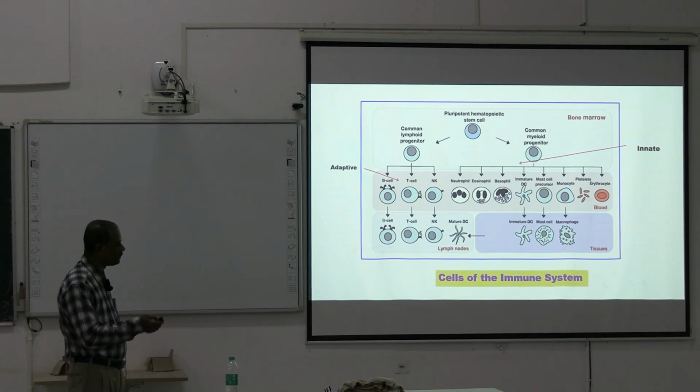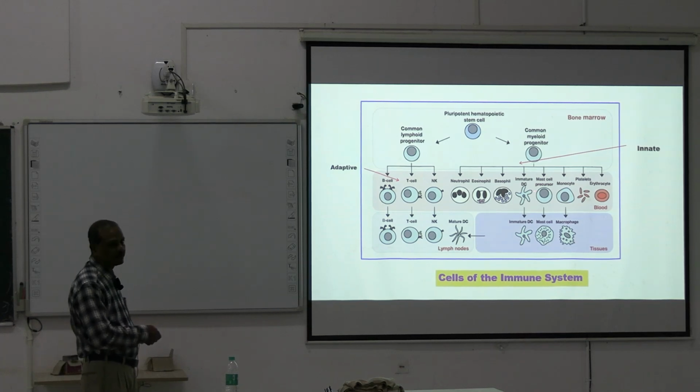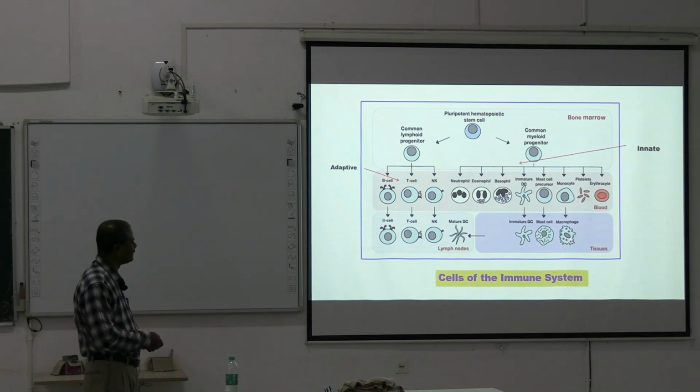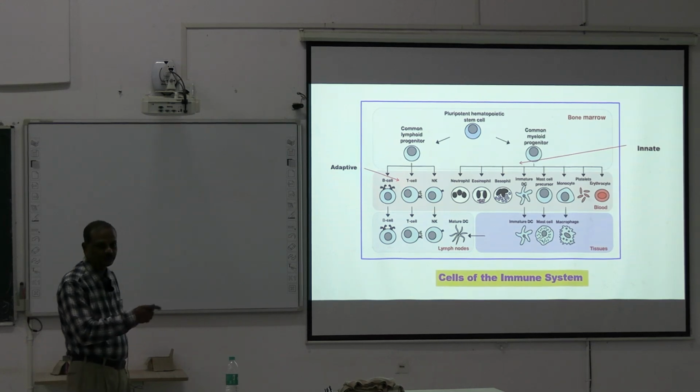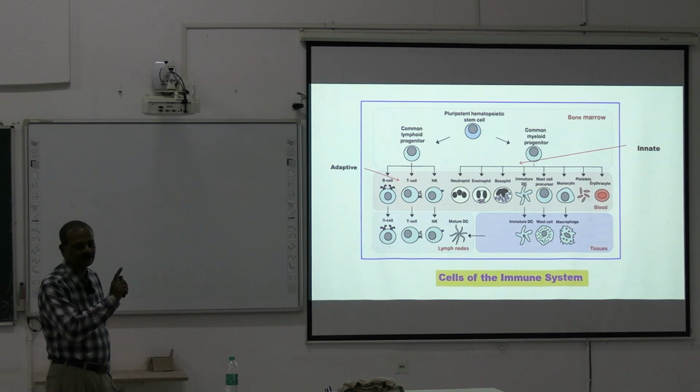In addition, note down immature dendritic cell, then mast cell precursor, monocytes you know, then platelets and erythrocyte. So T lymphocyte and B lymphocyte are produced from the lymphoid progenitor cells, and both are involved in the adaptive immunity. The rest of the cells are involved in the innate immune system.